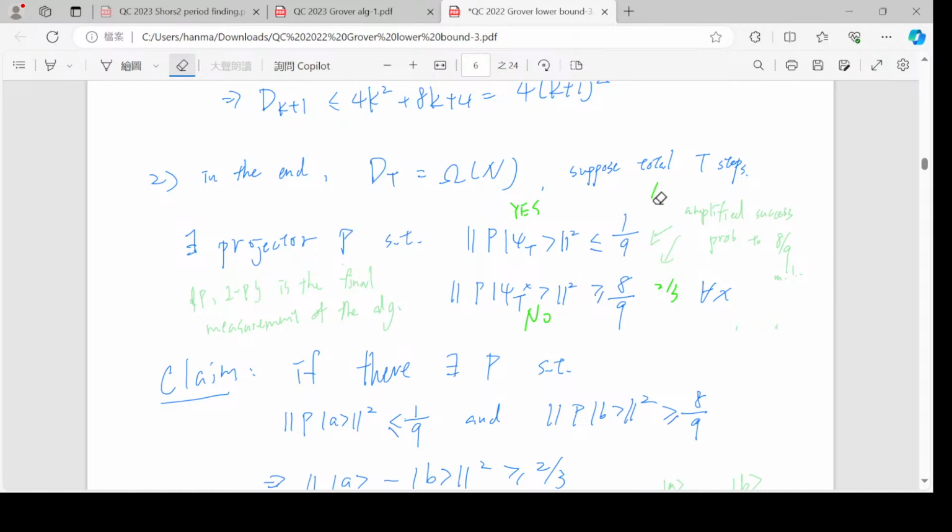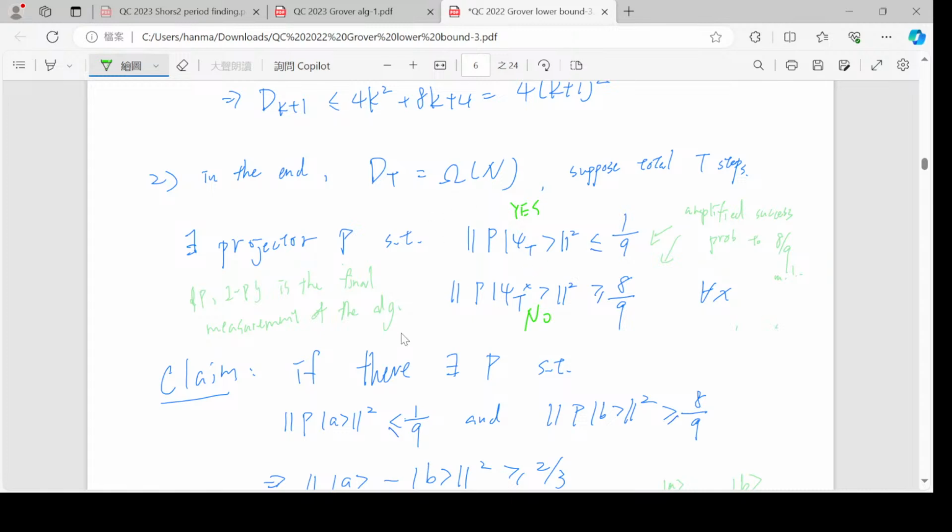Let's assume we have this kind of success probability; it only changes the constant factor in our query complexity. And anyway, from here we can prove that we have constant distance at the end.